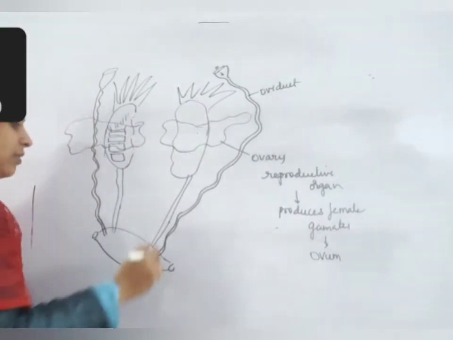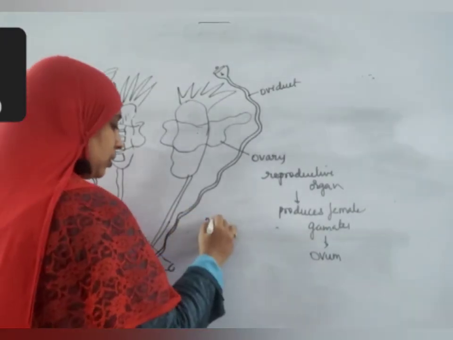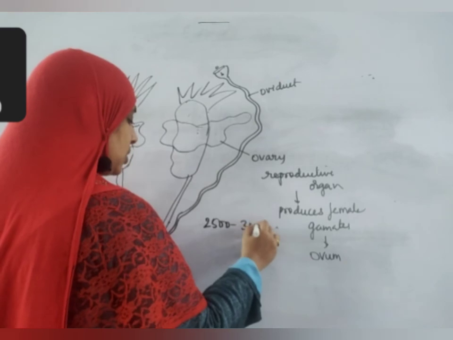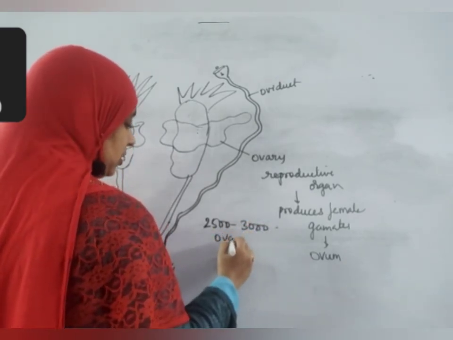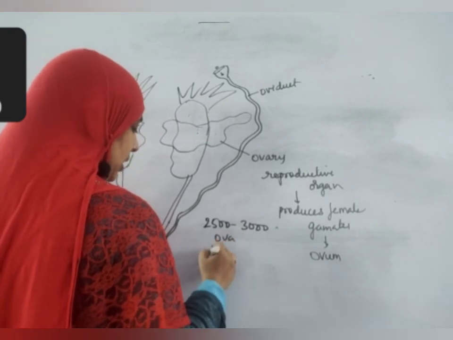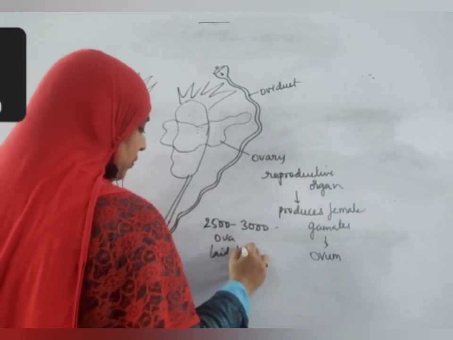About 2,500 to 3,000 eggs or ova are laid by the female.